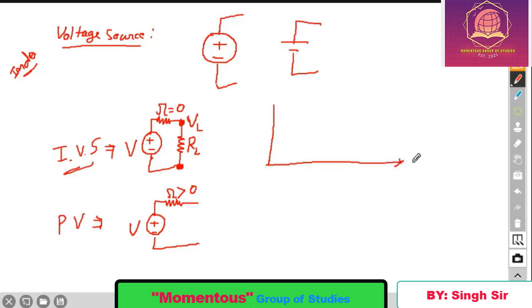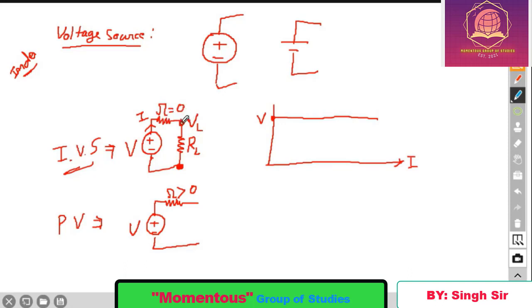Means for any value of current which will flow in this circuit, the voltage is going to be constant, because there is no voltage drop here. The value of R here is 0, so the loss in voltage is going to be 0.